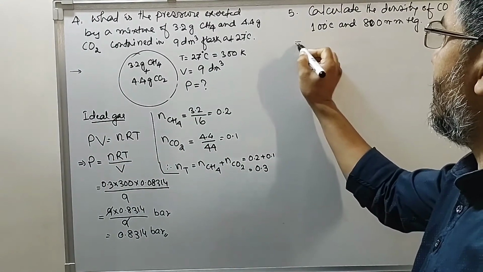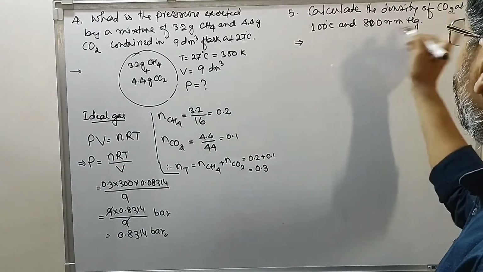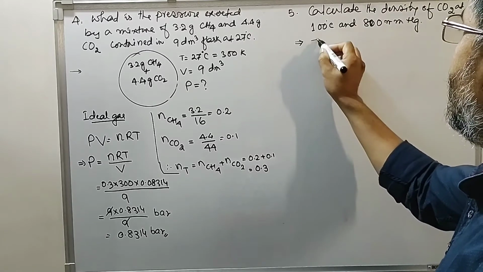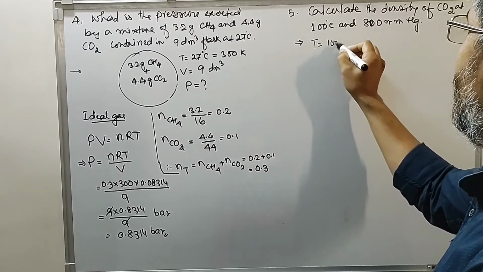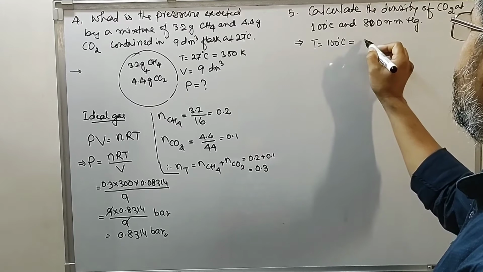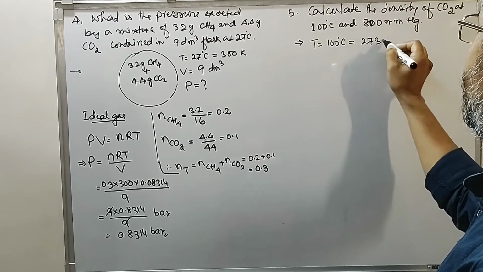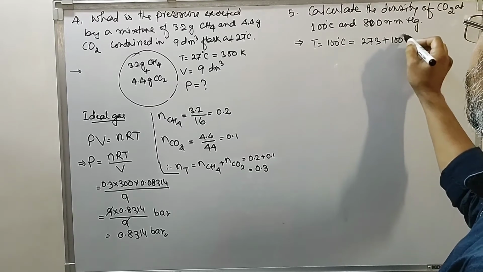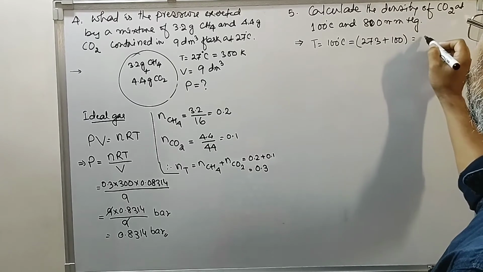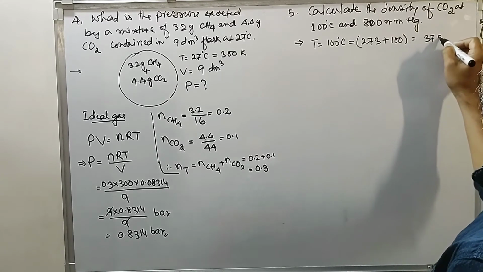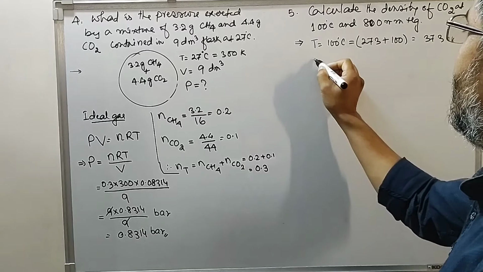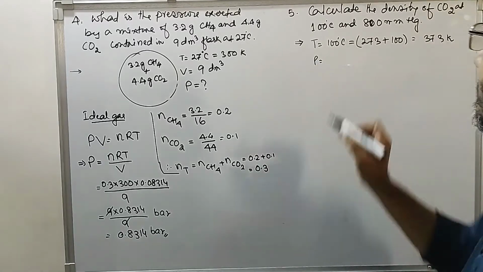So the data given here: density we have to find, temperature is 100 degrees centigrade, so this is 273 plus 100 Kelvin. So this is 373 Kelvin.